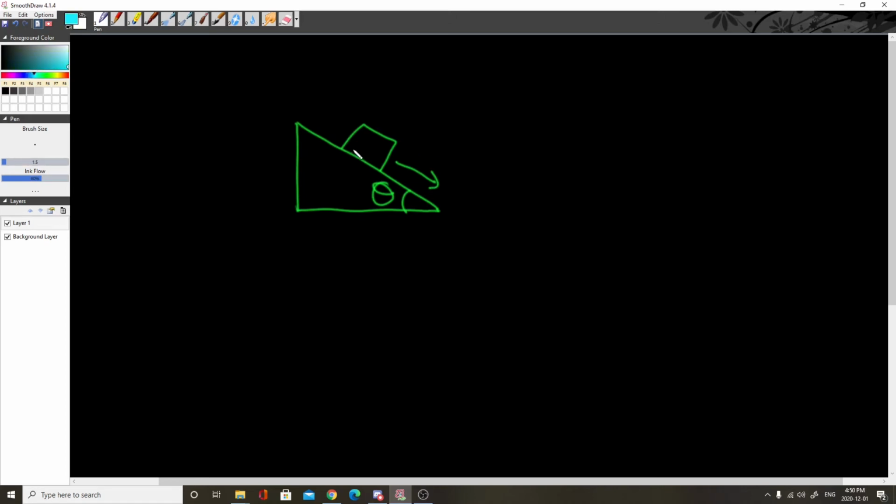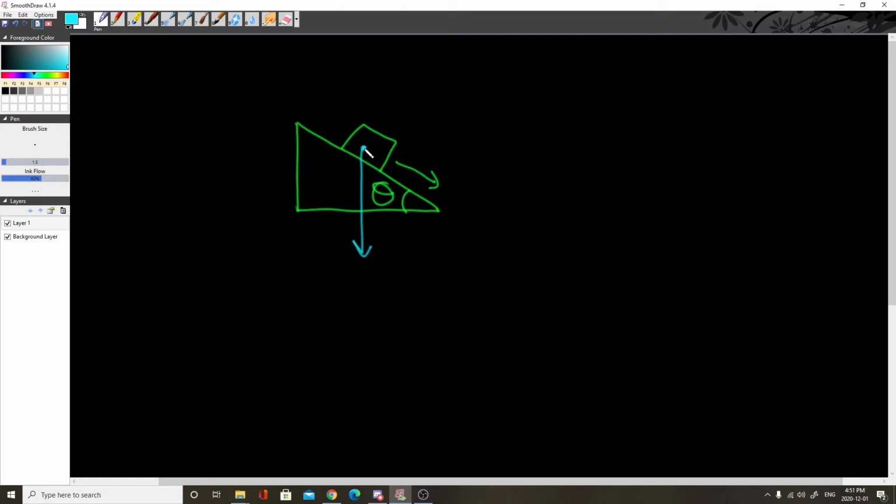Well, people will say, well, gravity's pulling on the box. Yes, gravity is pulling down on the box, but gravity is pulling straight down. So why is it not going straight down? Somebody might say, well, Megan, there's a ramp that's preventing it from falling straight down. Okay, cool.